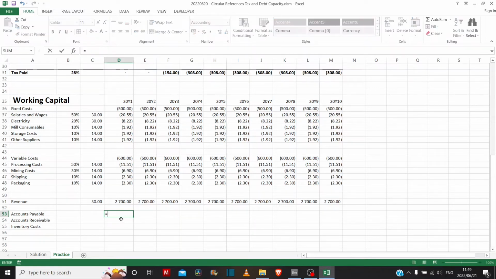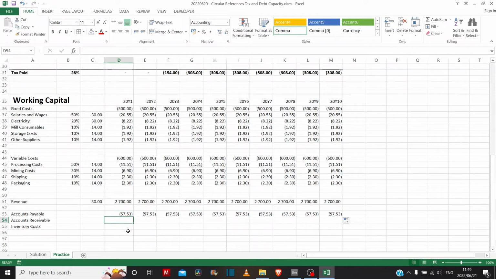So that would be all the costs that are incurred to our suppliers, which includes our employees, electricity, all of these mill consumables, all the fixed and variable costs. So basically, that is all of these costs here. That is money that is due to external suppliers at any given point during the year. And I'm just going to drag that across.